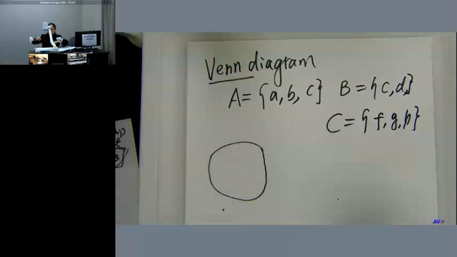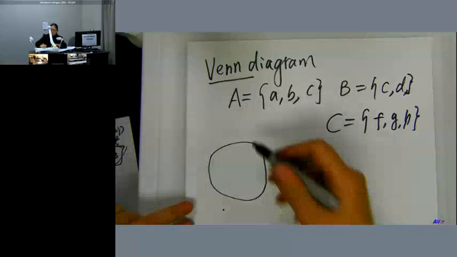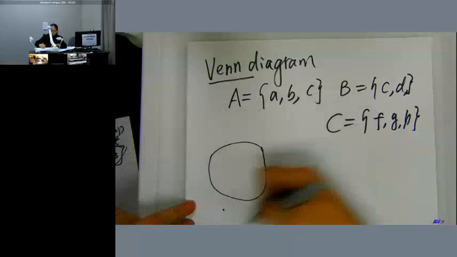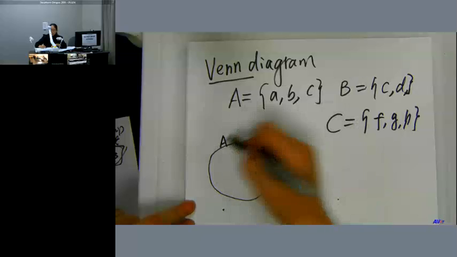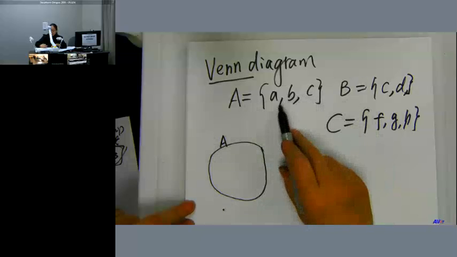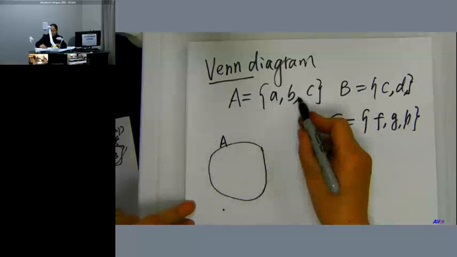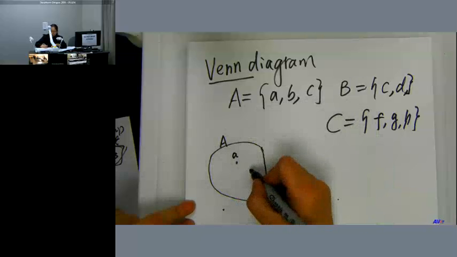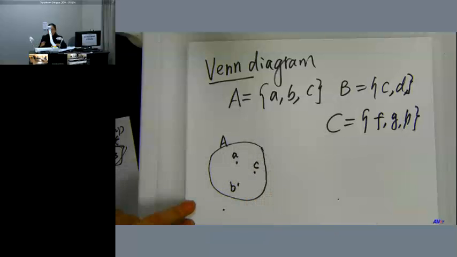It can be any closed curve. So I'm going to put this circle to represent set A. I'm going to put A, B, C in there. So it includes three elements, three members, A, B, C. So there's an A, use a dot, there's a B, there's a C. You can put it any way you like.